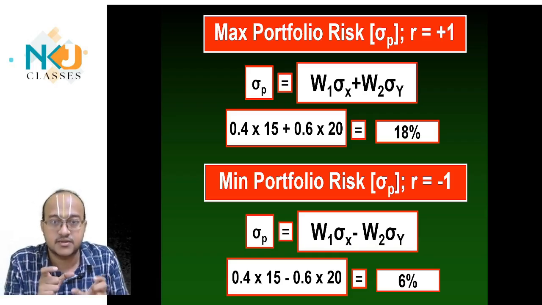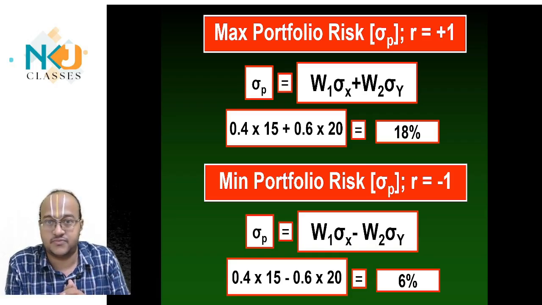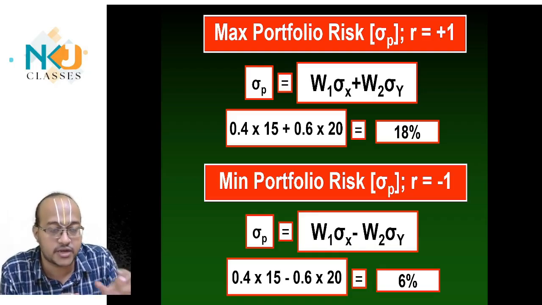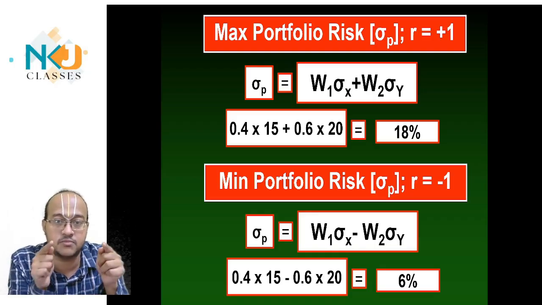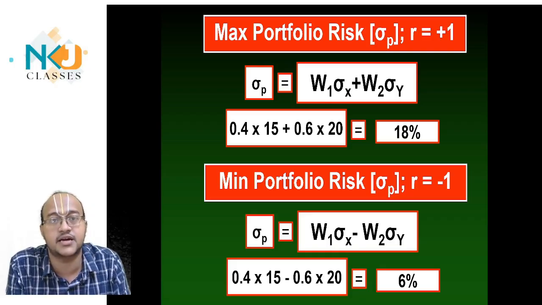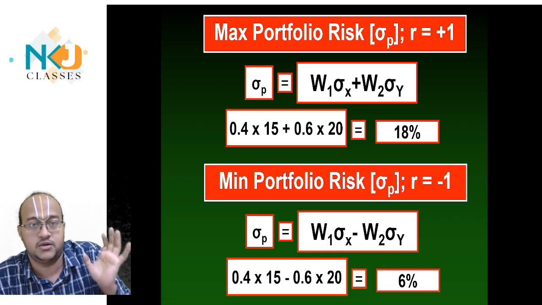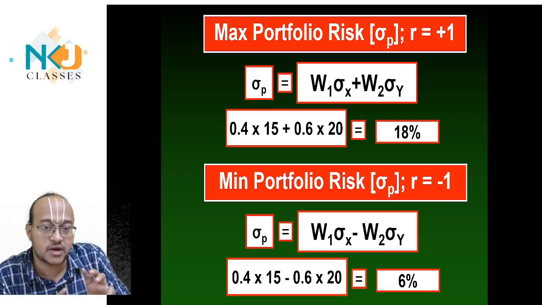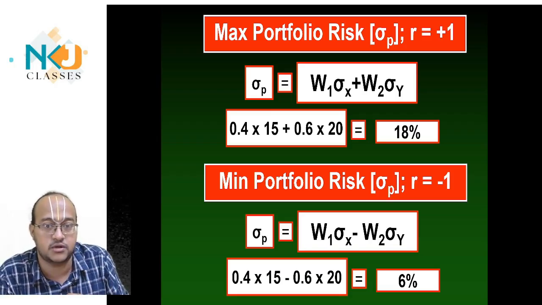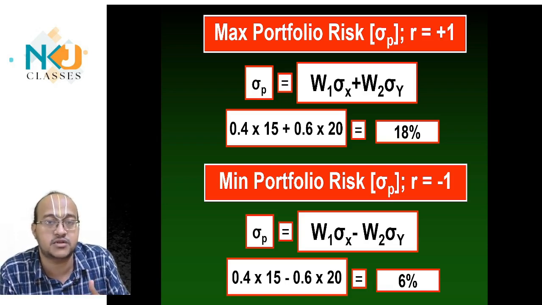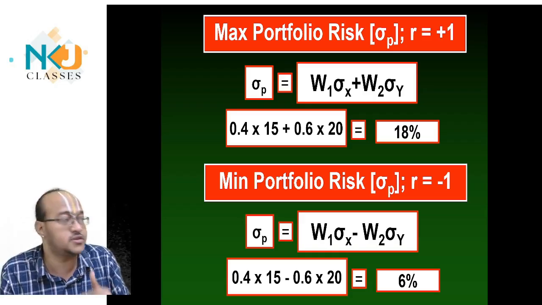They used 40-60%, and we see that we are not getting portfolio risk as 0. Now they are asking to construct a proportion of the portfolio by which the risk will become 0.